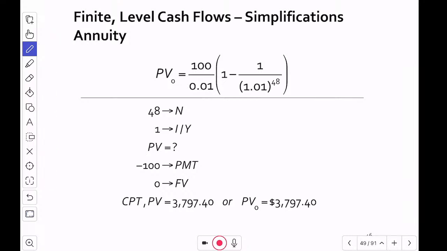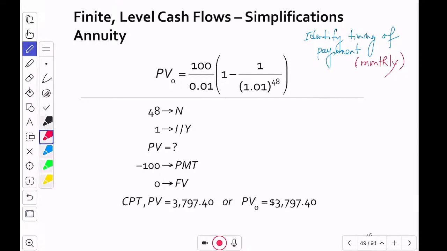This is an important point too. When you read these problems, you have to first identify the timing of payments. In this case, it's monthly. And then adjust or convert all your variables to monthly amounts.